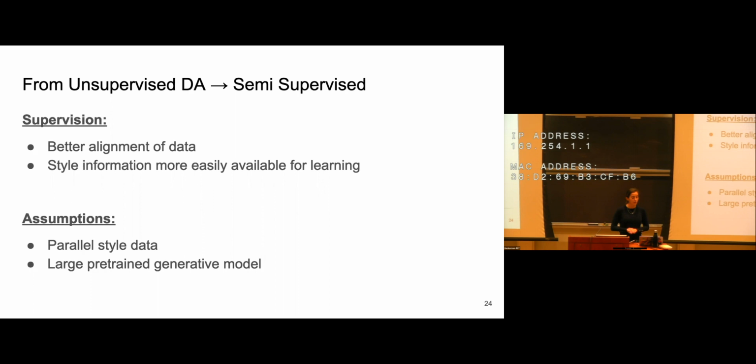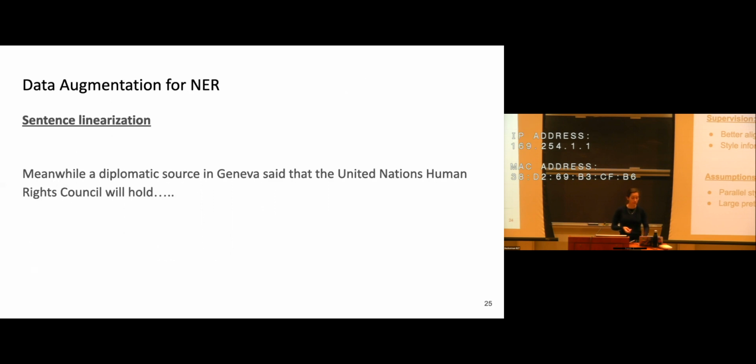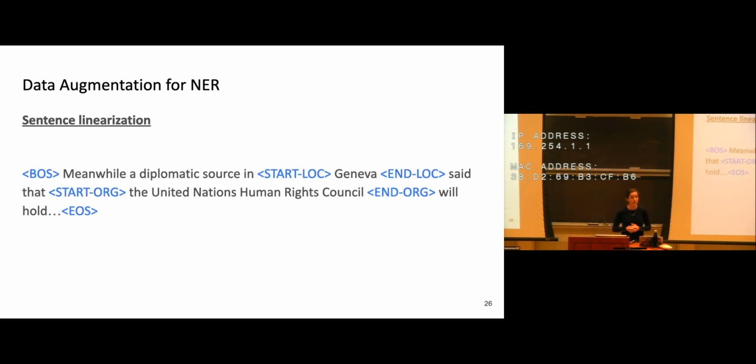And we also work with a large pre-trained generative model for this, so that we can take advantage of these powerful transformer models. So now we have to do sentence linearization again, but now we do it a little bit differently. Instead of how I did it before, we try to reduce the number of tags that we add to the model.